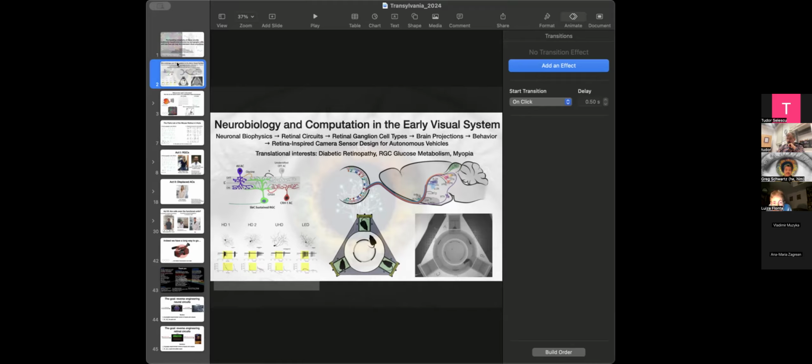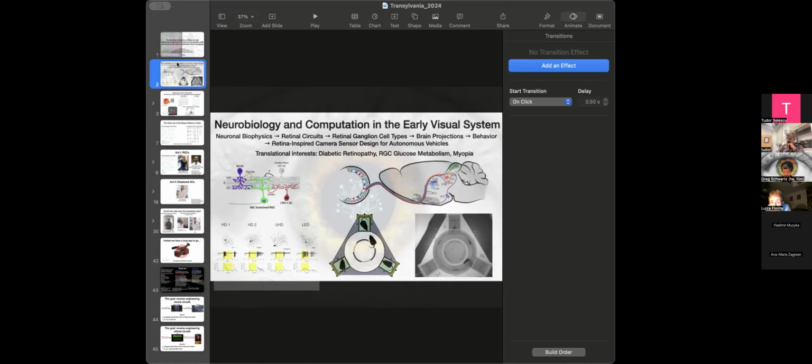So we figured out which transcriptomic cluster was the on-DS cells in a mouse. They found the homologous one from the primate transcriptome, figured out what the marker gene was, and lo and behold, that's the same one that's the on-DS cell in a primate.